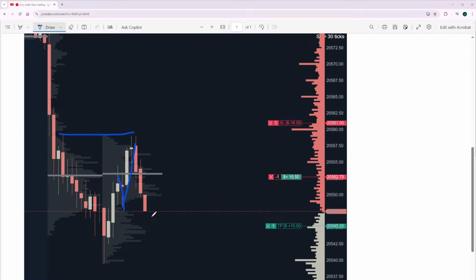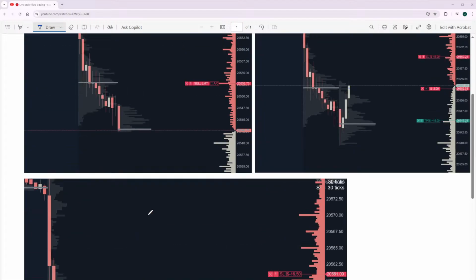I like to move my take profit up. I don't want to get greedy with my take profit, because this could turn into an inverse head and shoulders pattern. So we have the left shoulder, the head, and the right shoulder. Many times price will only come down to where most of the volume was traded within that bar, right?